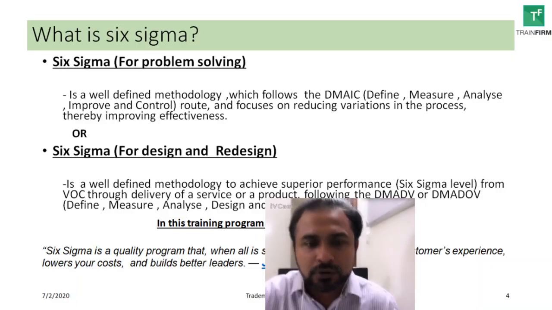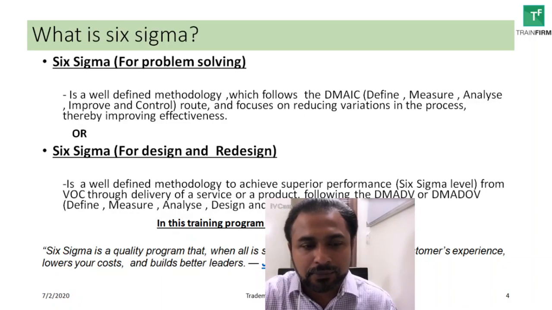And the methodology we generally use there is the DMAIC methodology, which talks about define, measure, analyze, improve, and control, right? And it is all about reducing the variation. We will talk about variation in a bit, and you will be able to appreciate it better when we talk about it in the upcoming slides, okay?